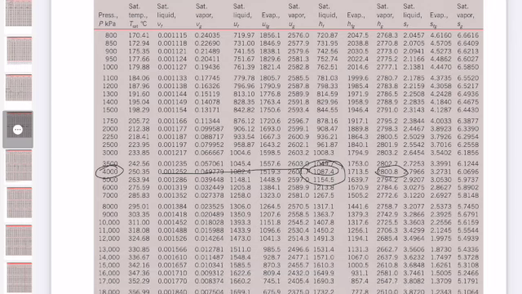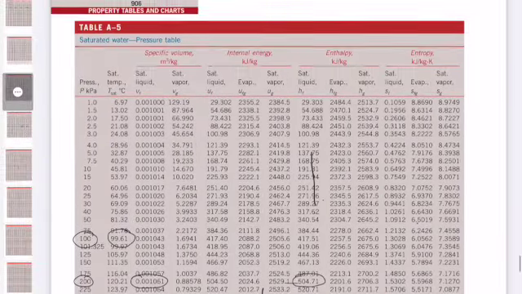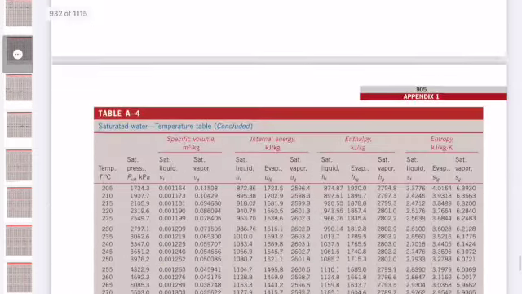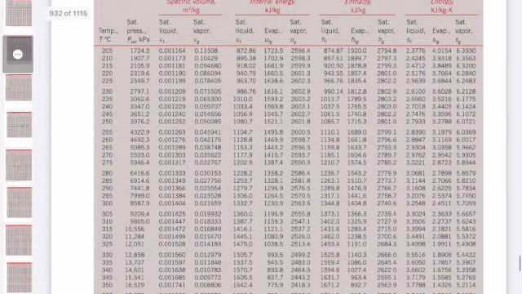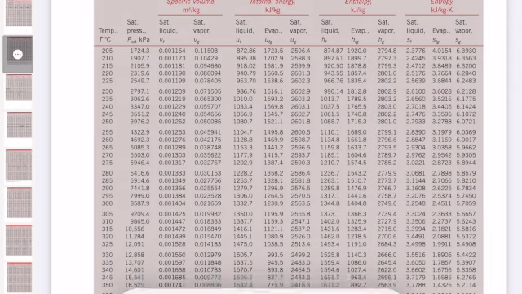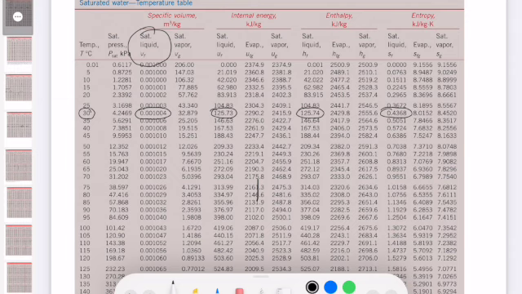Therefore, you can go to the saturation tables, or maybe the compressed liquid tables, and figure out the entropy. We have an enthalpy of 131.42, so it is in between the table values.